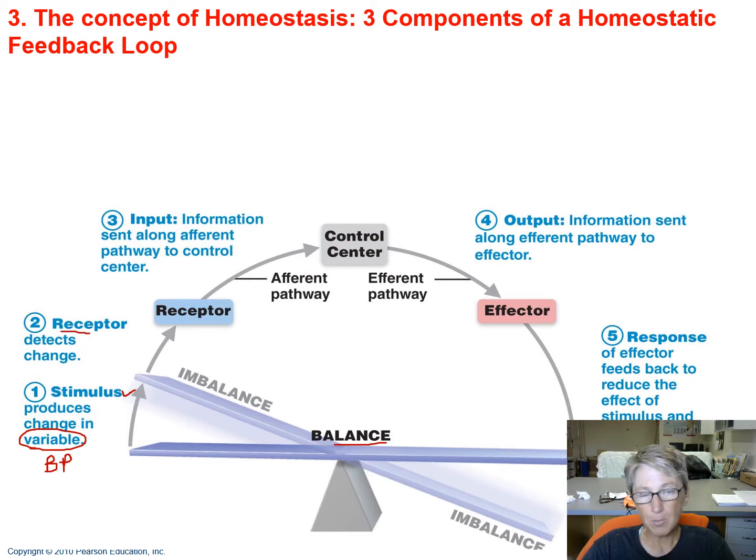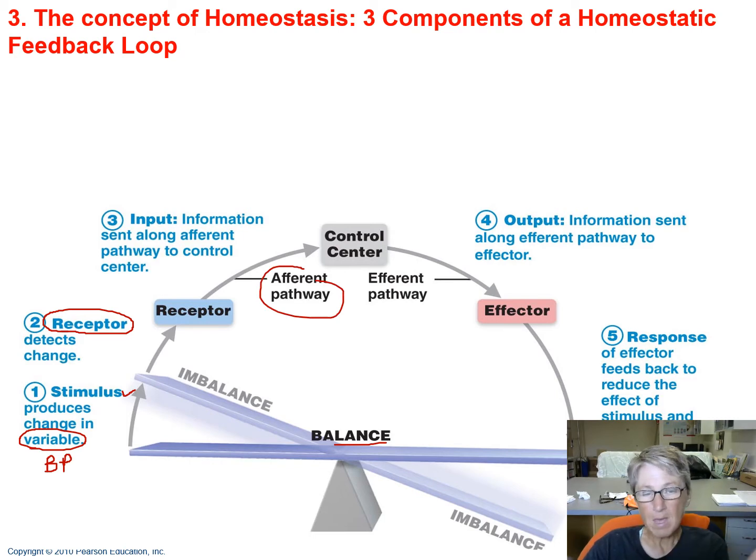There are receptors in your body. They're called baroreceptors. Like a barometer, the barometer measures pressure, right? So baroreceptors in strategic places in your vascular system, in your blood vessels, detect when your blood pressure goes up or down. And those baroreceptors are connected to neurons that travel in nerves along these afferent pathways.